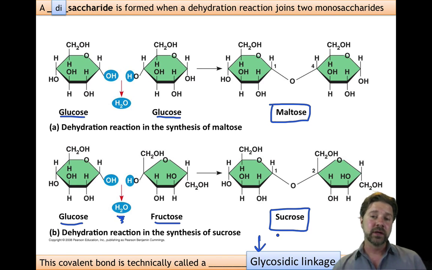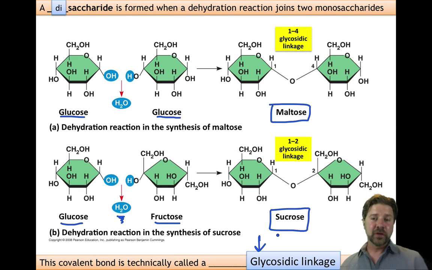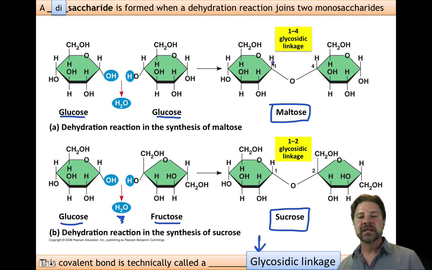Now, if we take a look at each one of those bonds, the first one on top is called a 1,4 glycosidic linkage. Now, what does that mean? Well, it just means that carbon number 1 on this glucose and carbon number 4 on this glucose are actually going to be linked in the center, and therefore it gets the name the 1,4 glycosidic linkage.